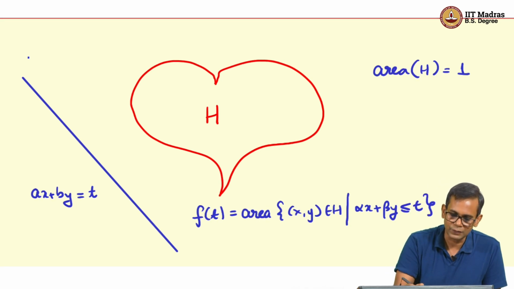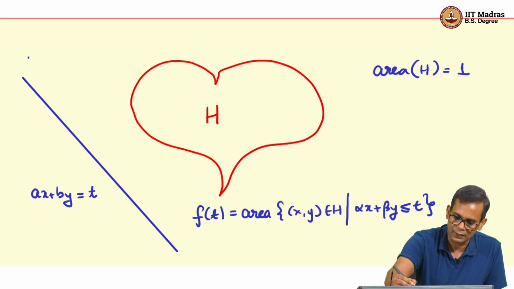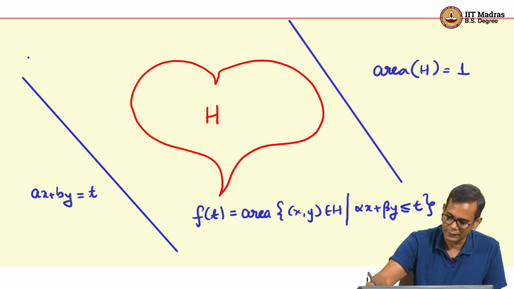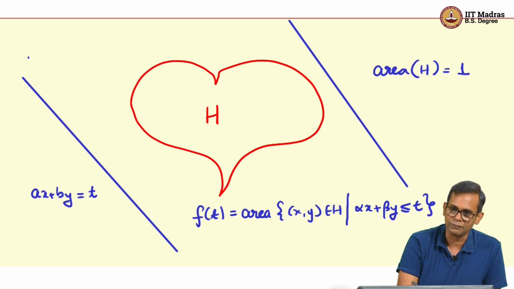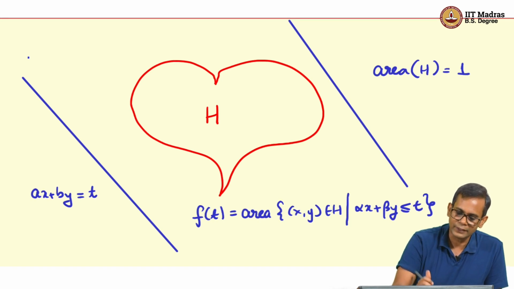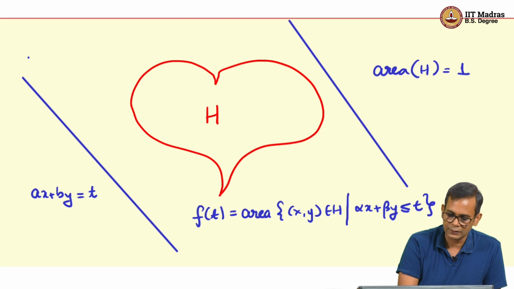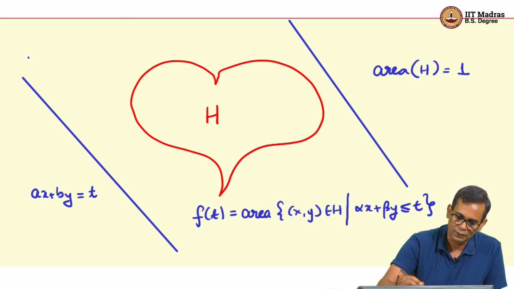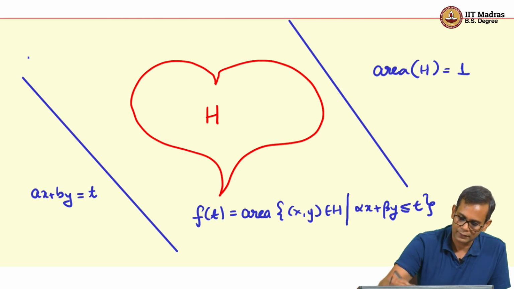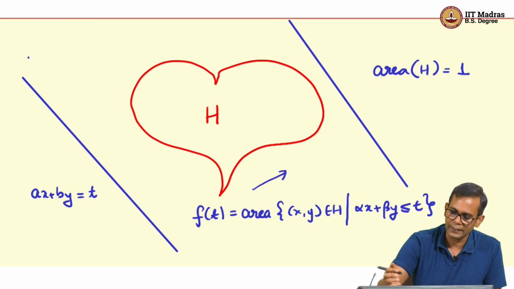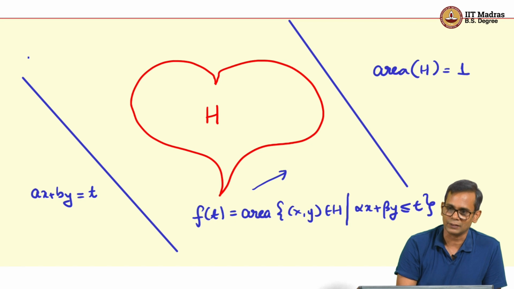Now I would move this line, maybe to start off it is here on the left side of this heart, and to end with it is somewhere here. If you look at the first line on the left, the entire region H is to the right of this line, and once you move this line all the way to the right, the entire region is to the left of this line.